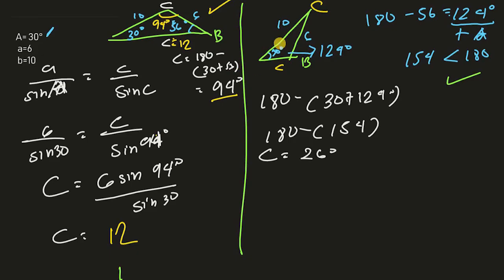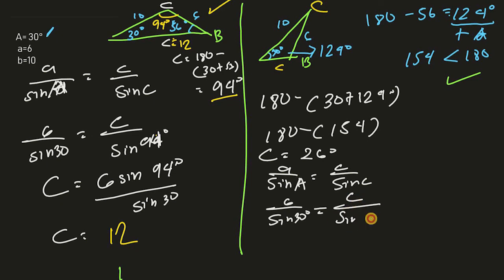So the next thing to do is to solve for side C using the sine law. Again, A over sine A is equal to C over sine C. Evaluating that, A is 6 over sine 30, and C is what we are looking for over sine 26 degrees.